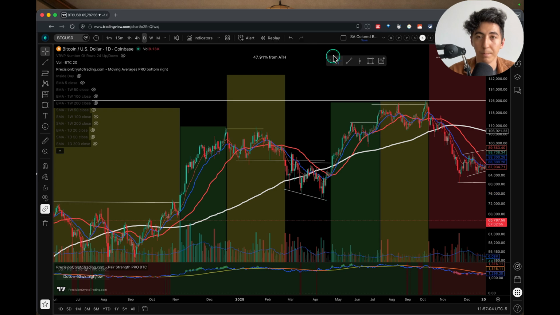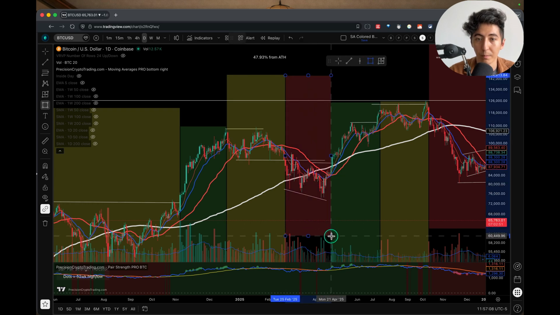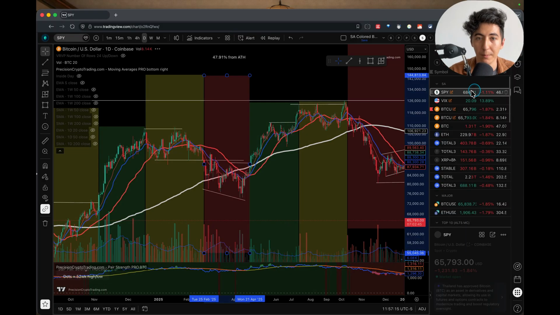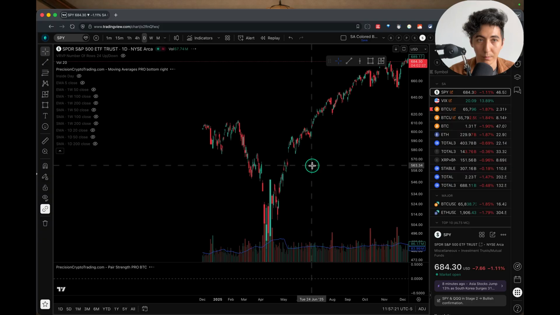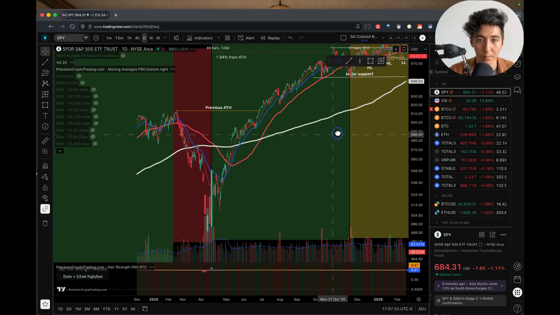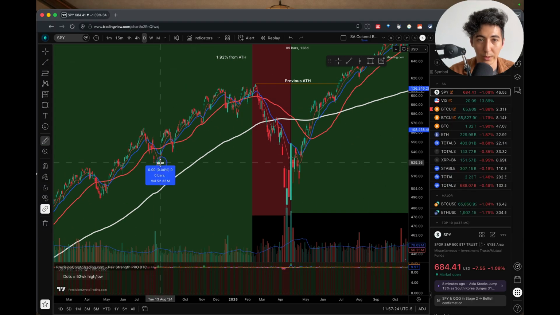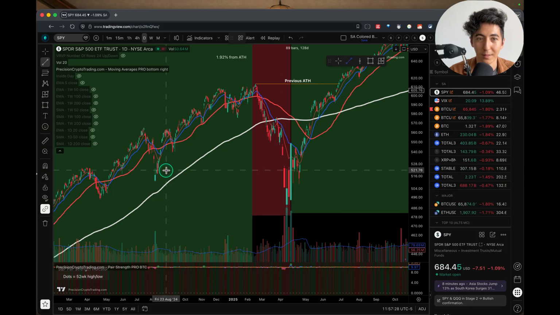And then also looking at the market. Where was the market at during this time? I mean, the market was bottoming. The market was in a stage 4. If we go over to the SPY, the market was going like this, and then it was going like this.